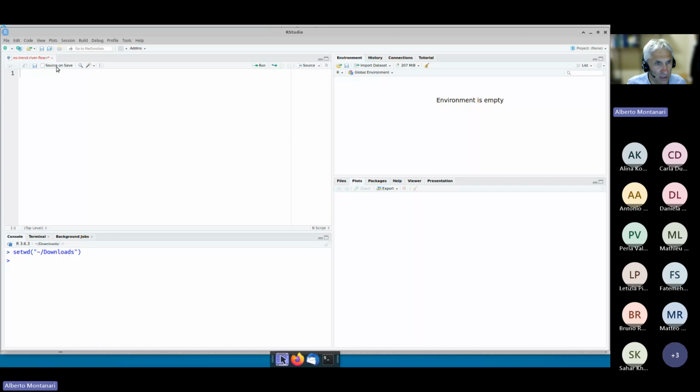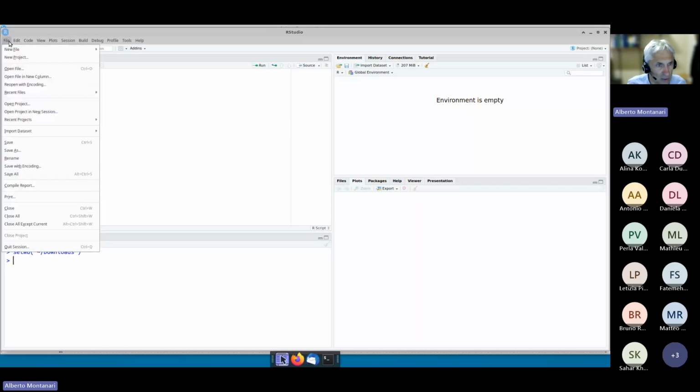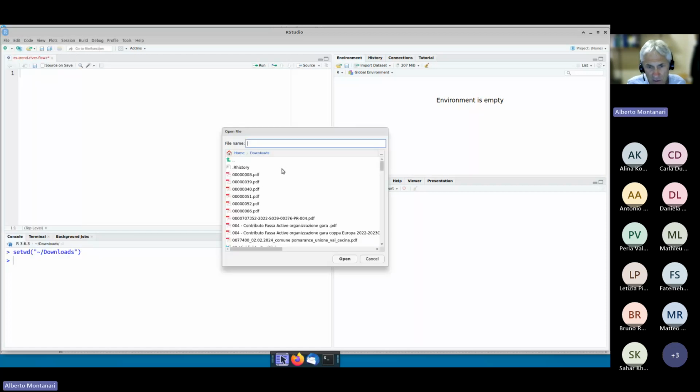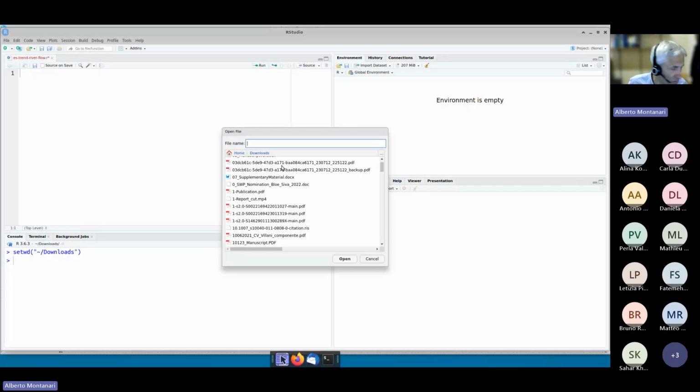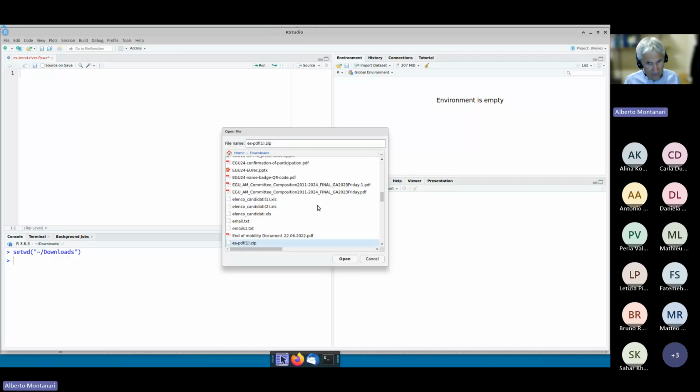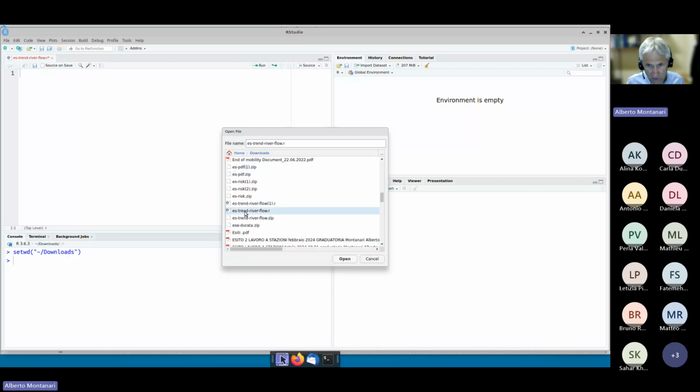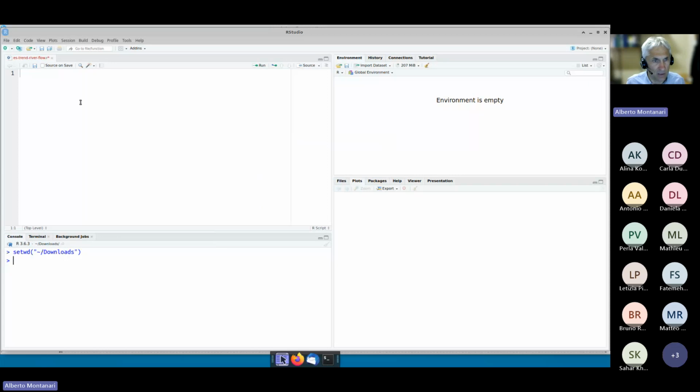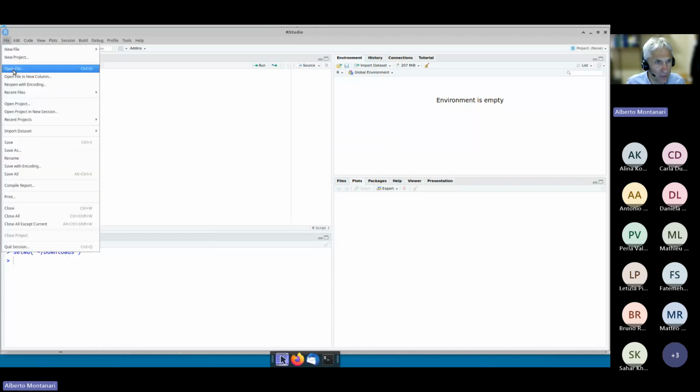And then I just need to open file, and this is what I downloaded. It's called trend river flow. It is this one, open. Why is it not opened here? Let me open again.